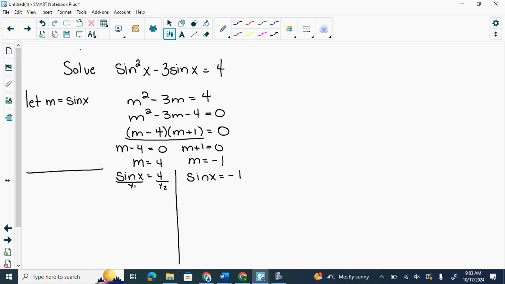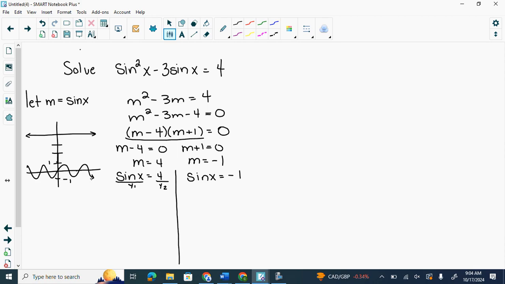This one's actually quite easy for me to sketch. So it's going to look like this. Remember, your y max has to be at least 4 because it's going to draw a horizontal line at 4.